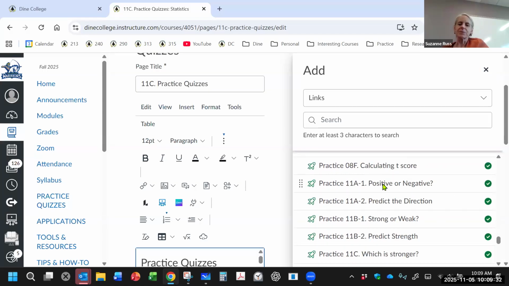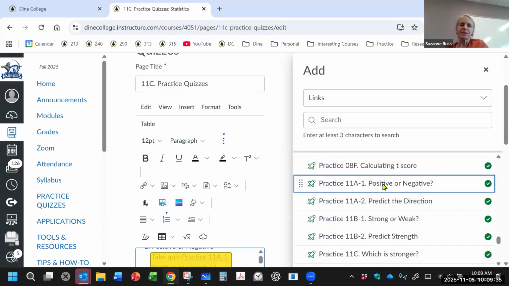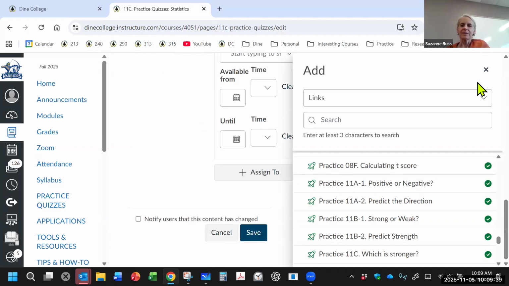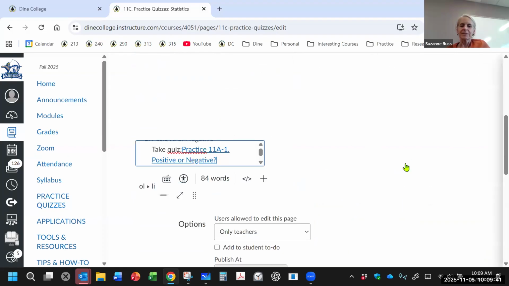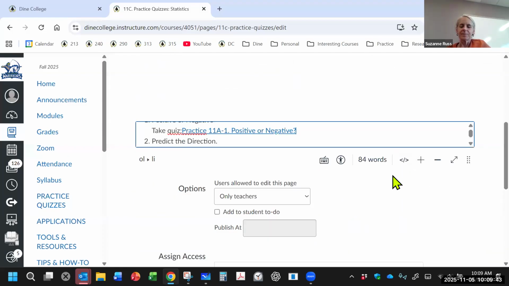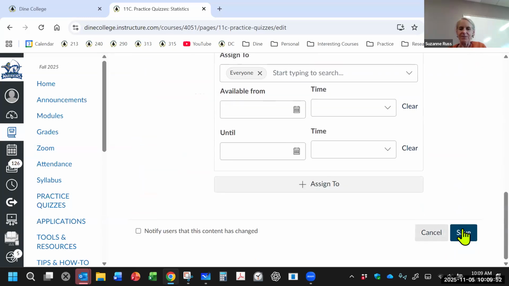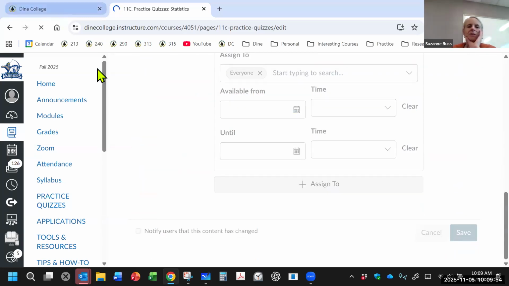It's going to be as easy as degrees of freedom here. And I'm just going to save it. There we go. So go into this one.